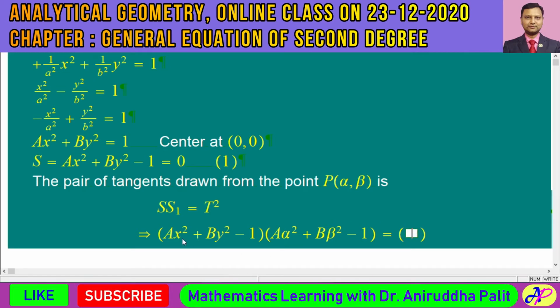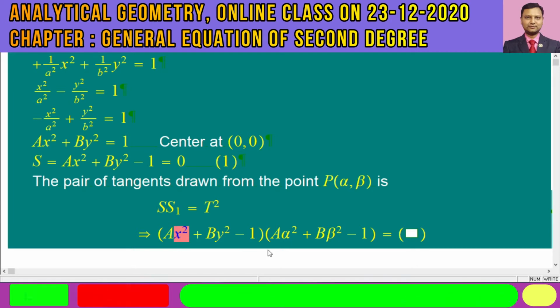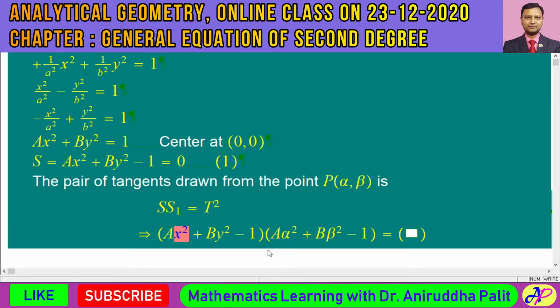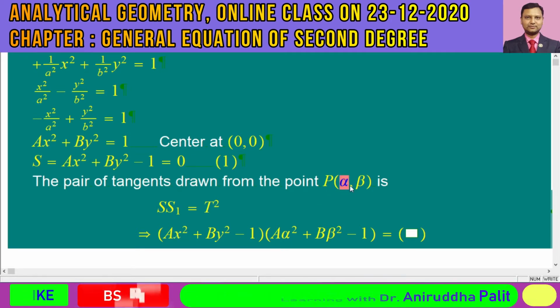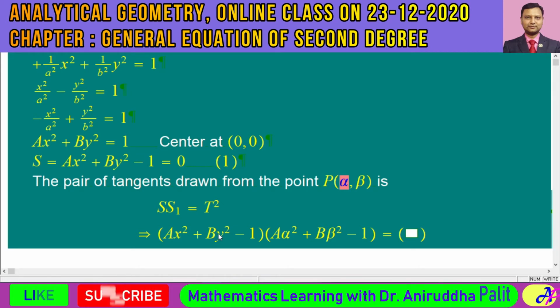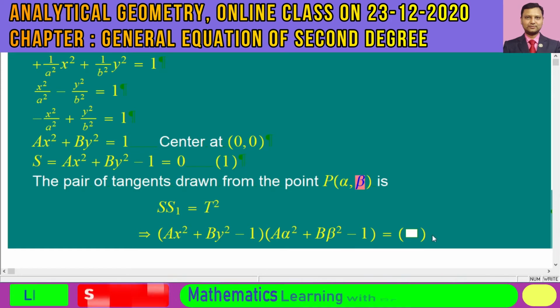We know that x square is replaced by x into x1, and over here in place of x1 we have alpha, and y square is replaced by y into y1, so in place of y1 we have beta.